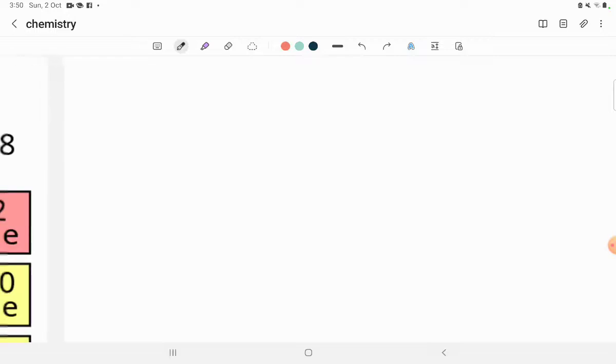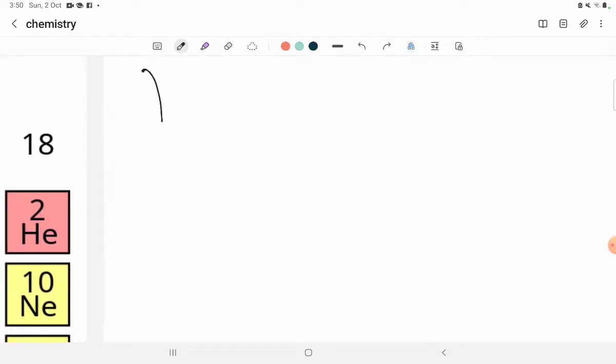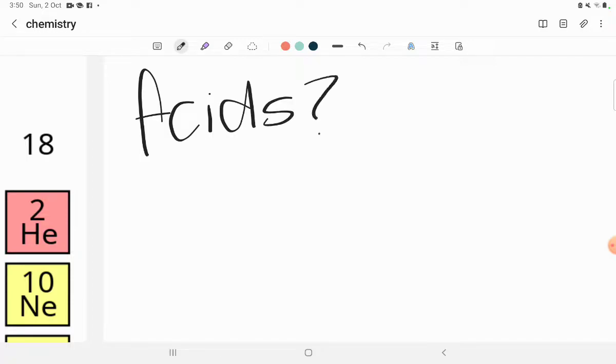First things first, we have to define what acids are. You might say acids basically burn, like you touch it and your hand will melt or something. I don't know, you give a weird answer.